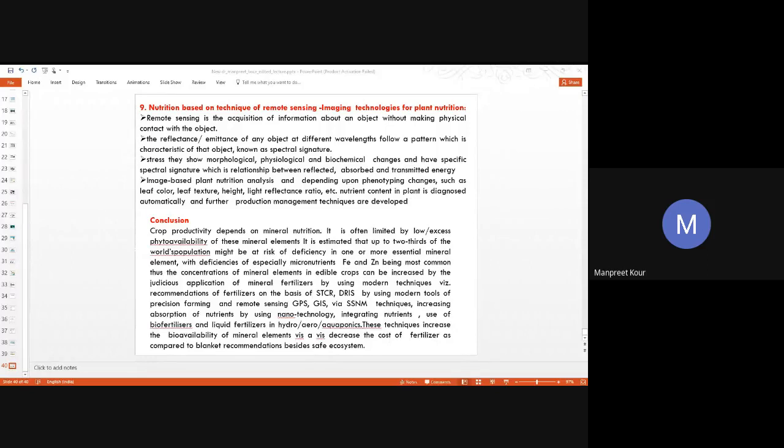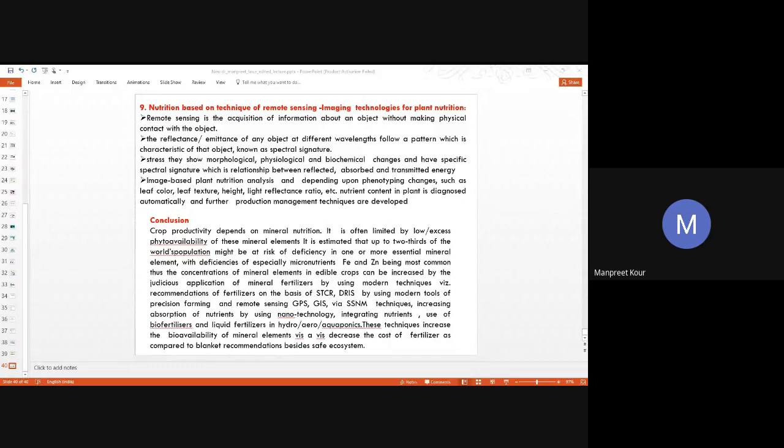Organic techniques can be used for every crop, and some nano fertilizer techniques are universal. If we talk about hydroponics and aeroponics, less work has been done.